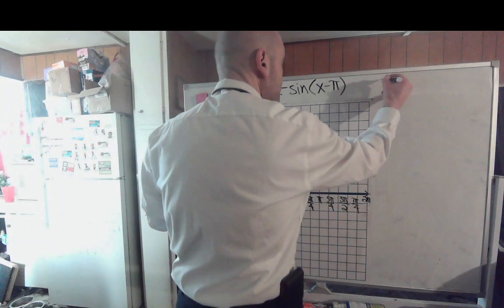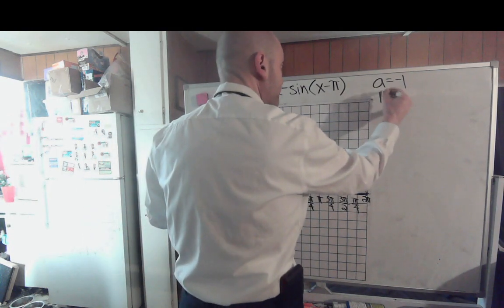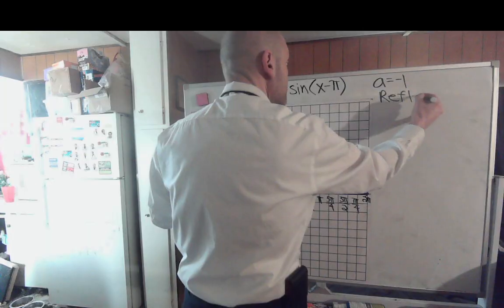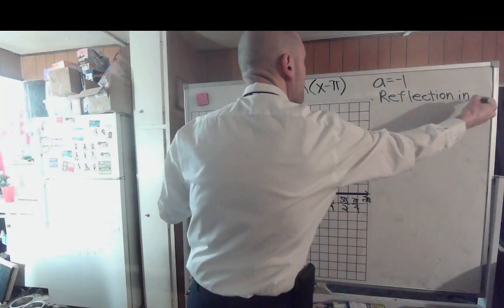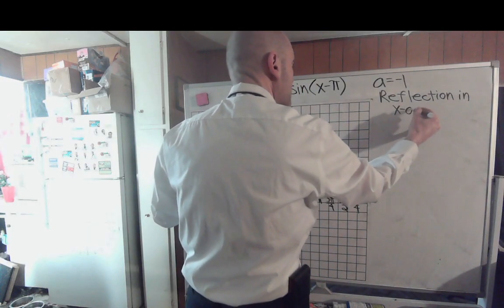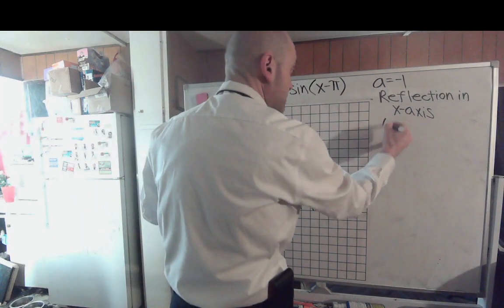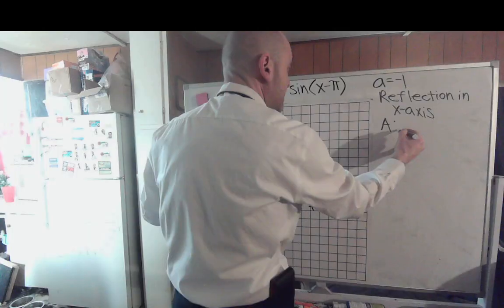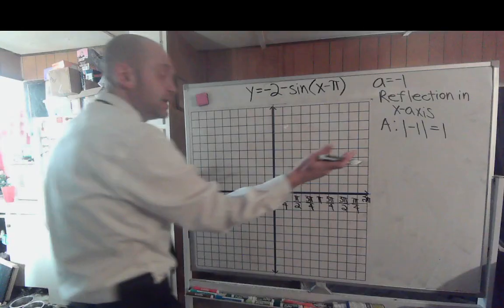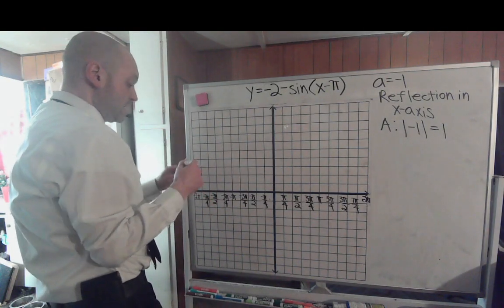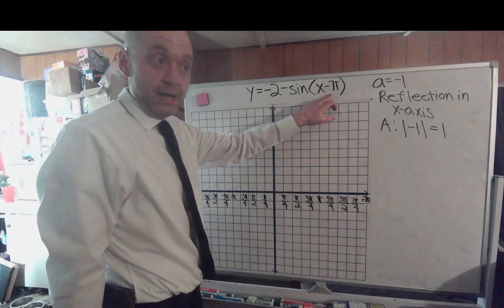So the a is equal to negative 1, which definitely denotes a reflection in the x-axis. And it also means our amplitude is 1 because that equals the absolute value of -1, so the amplitude is 1.